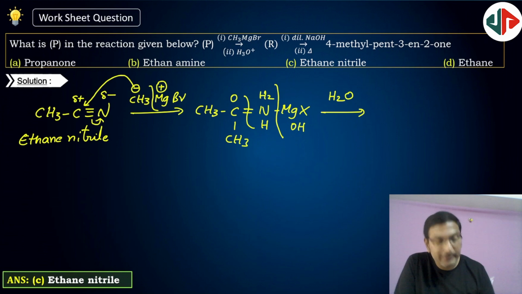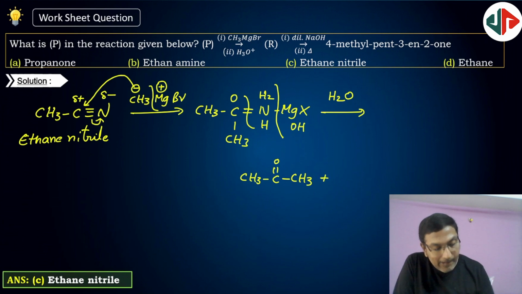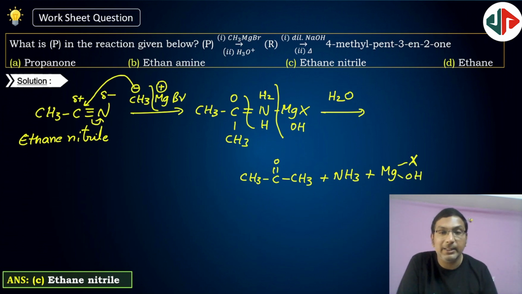So it gives CH3COCH3 plus NH3 plus MgX and OH, magnesium divalent. Therefore, halogen and hydroxy groups are attached. Next, I am taking this as P. This gives R.